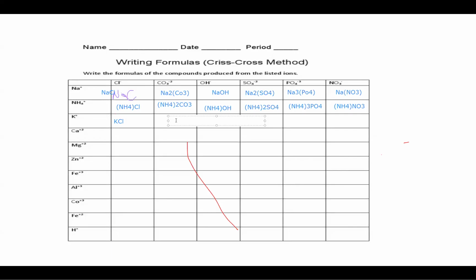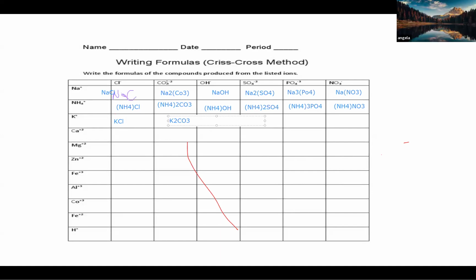So wouldn't you have positive K? So you would have K, you would have 2 because you're getting your 2 from here. So it'd be K2 and then CO3. Wait, what? Because you're crisscrossing.